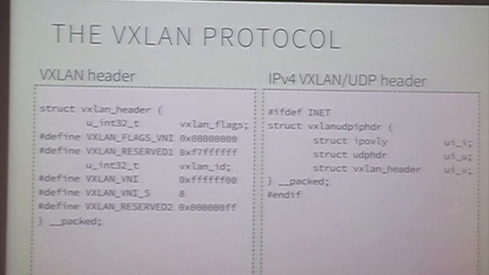But the VNI flag has always been set, so it's not so hard to do. And on the right side, you have the IPv4 version of it with the additional IP header and the UDP header. So this is the minimum you need for VXLAN.